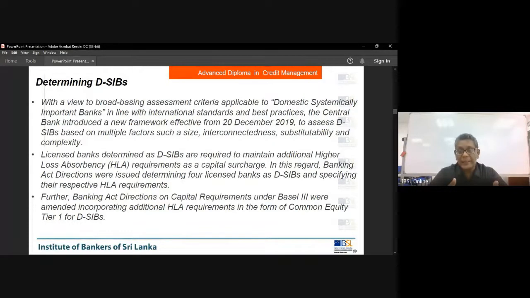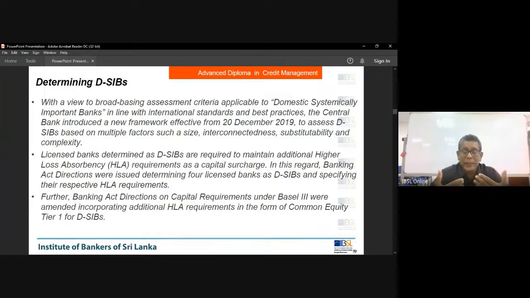Earlier, these systemically important banks were identified based on the asset base as or more than 500. They considered all these banks as significantly or systemically important banks. Right now, that criteria was changed in December 2019.